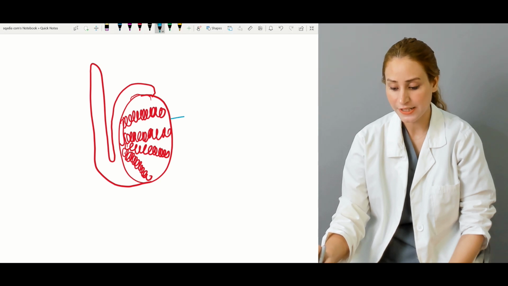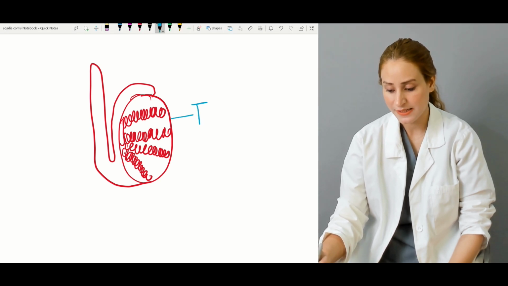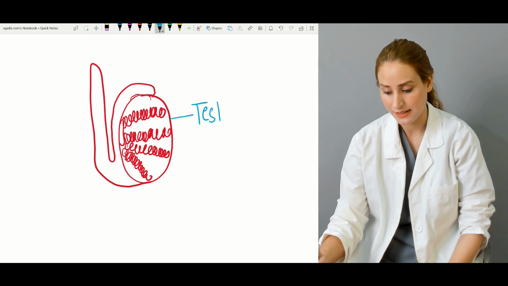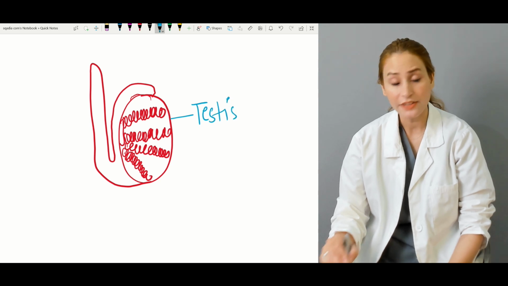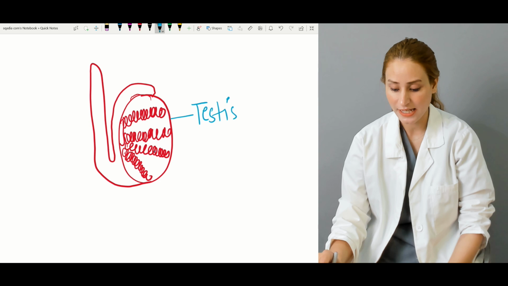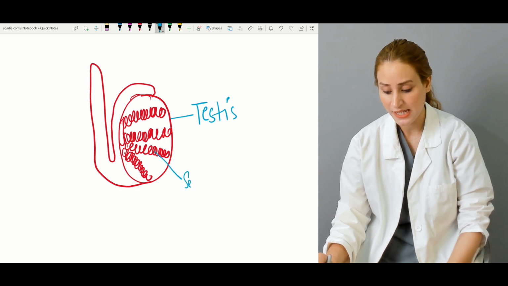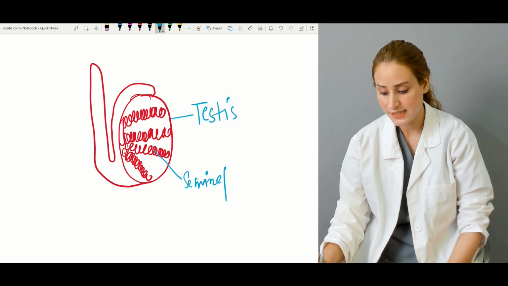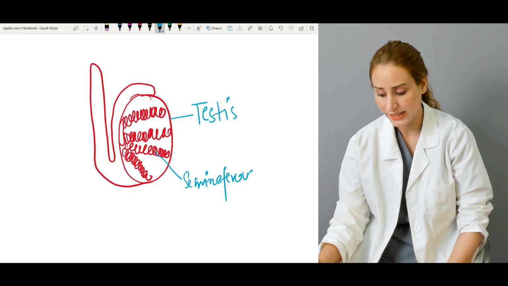So you can see in the diagram that this is the testicle, and if you look at the inside structure of the testes, you can find these coiled tubular structures, which are called seminiferous tubules, right?